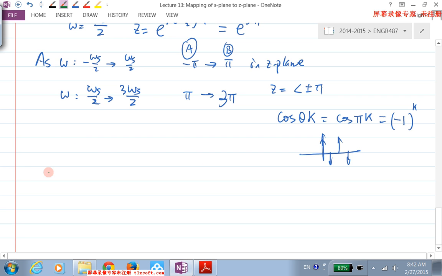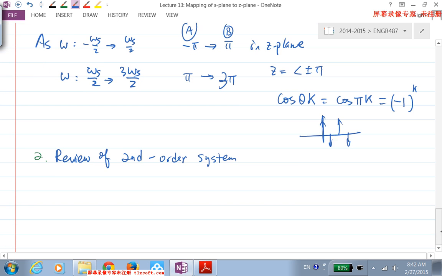So the next thing here is let's do a quick review of the continuous system. We're not reviewing all continuous systems. We're essentially going to look at the very typical representative type of system, which is a second order system.